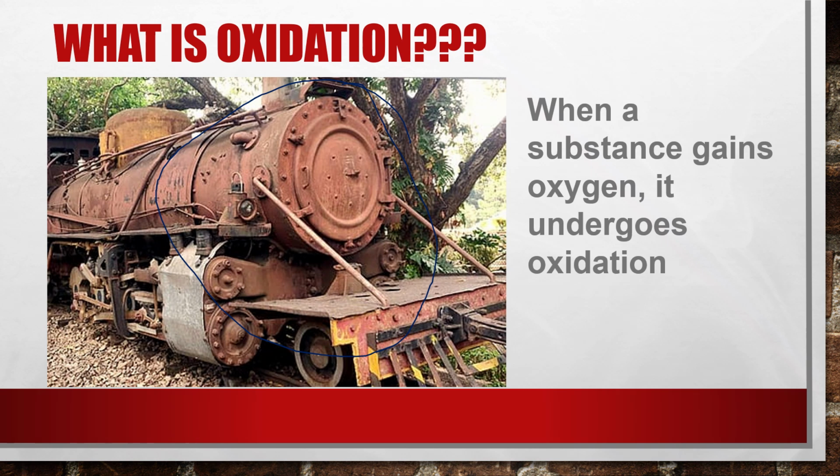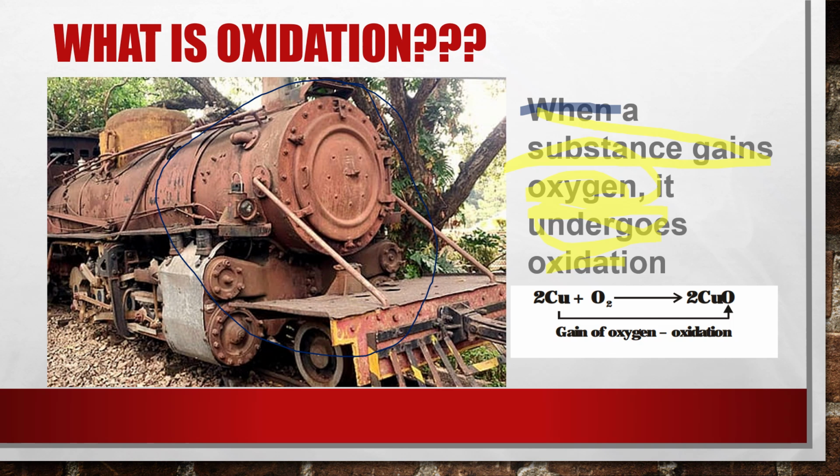oxidation, right? When a substance gains electrons, or in general terms if we talk about the CBSE board, when a substance gains oxygen, then it undergoes oxidation, right? If I give you an example, here copper reacts with oxygen, so it is forming copper oxide.